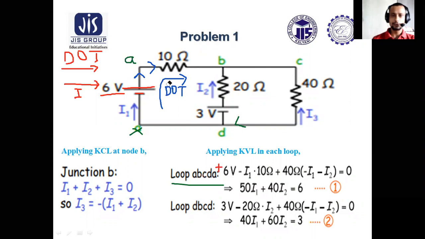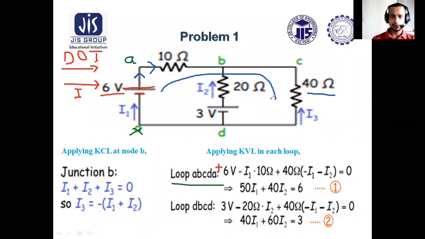now let us move to the next element along the outer loop. So after 10 there is 40 ohm in the outer loop. So what is the direction of travel? Direction of travel is clockwise. So this is clockwise direction of travel.